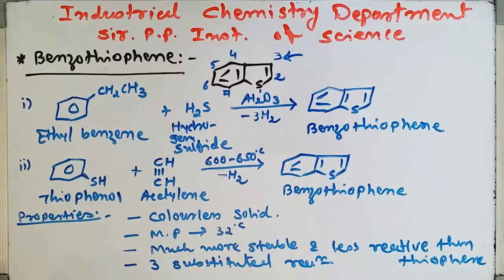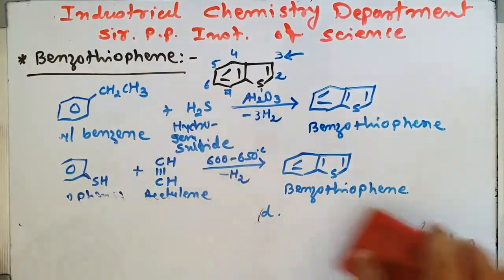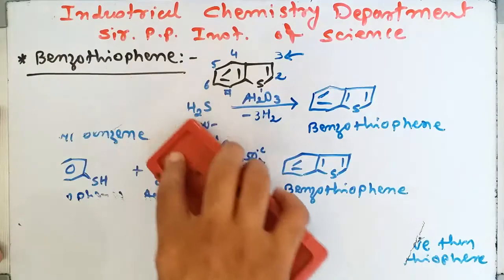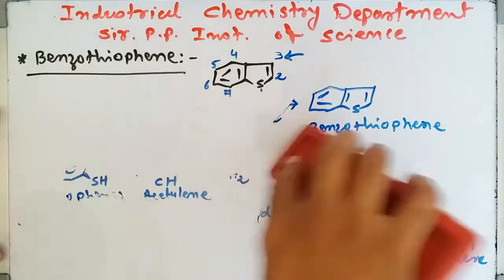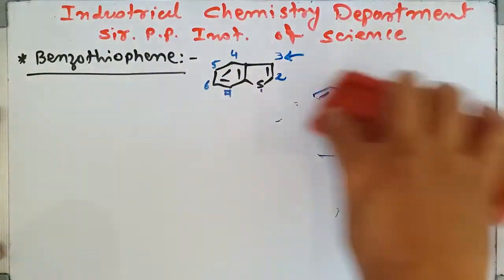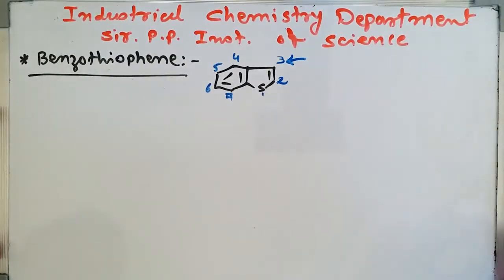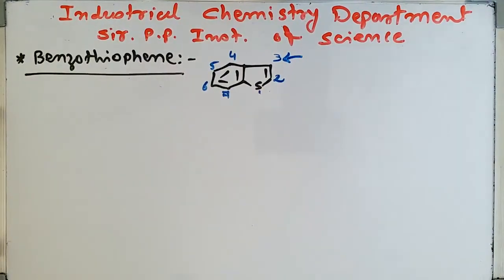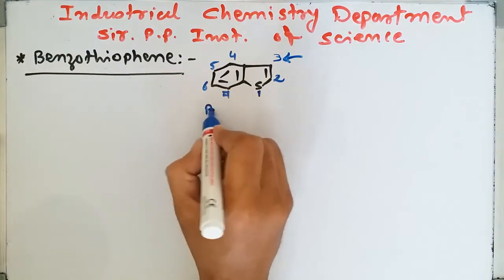So, it gives 3-substituted reactions. Let us see different types of chemical reactions of benzothiophene.